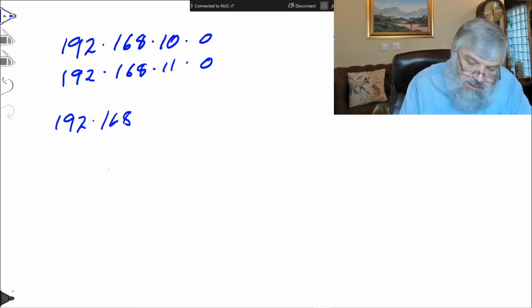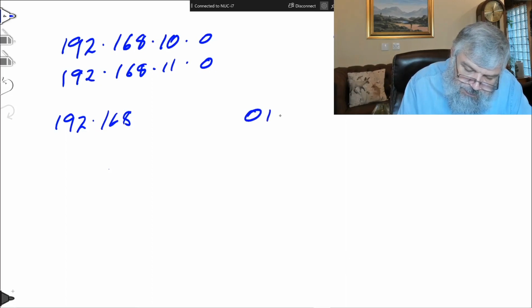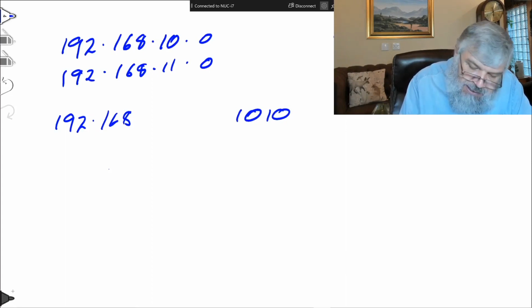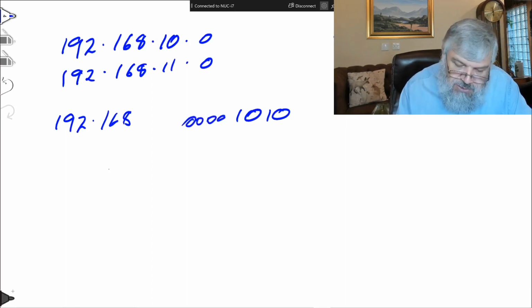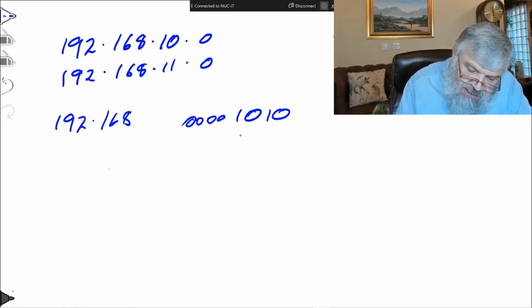Now, let's write 10 in binary and 11 in binary. So 10 in binary is 1010. Actually, this should be in 8 bits because I'm talking about a whole byte, so there's a 0000 added in front. I'm not really going to use those. And 11 is 1011.